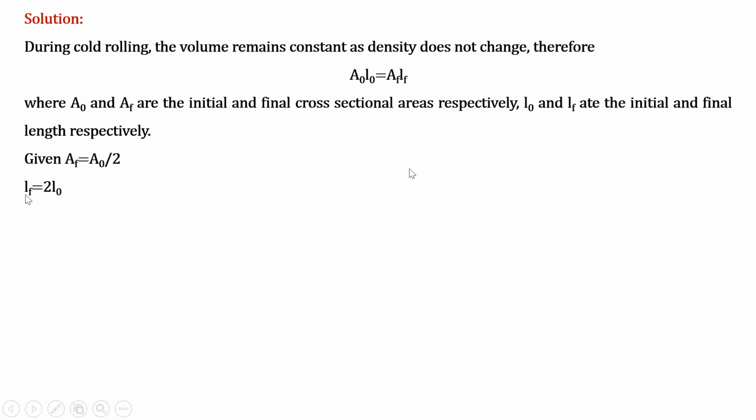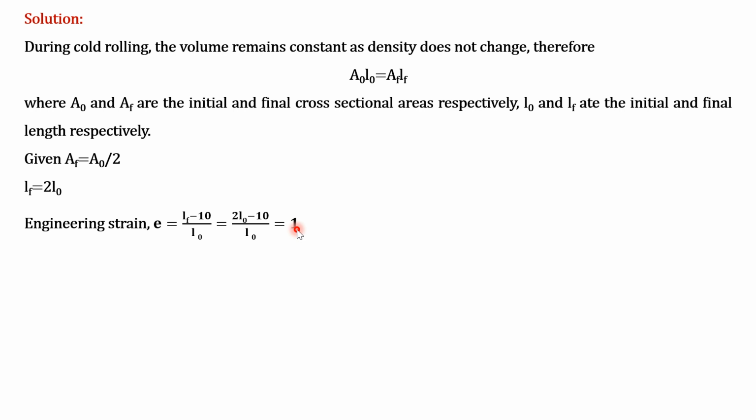Therefore, we will be getting length final is equal to 2 times of length initial, and hence engineering strain we can calculate as LF minus L0 by L0. This is actually L0, okay. This is not 10, this is L0, there is a mistake. LF minus L0 by L0, and this LF you will be substituting 2 times L0, and hence it will come 2 times L0 minus L0 by L0, finally L0 by L0, and engineering strain will be equal to 1.